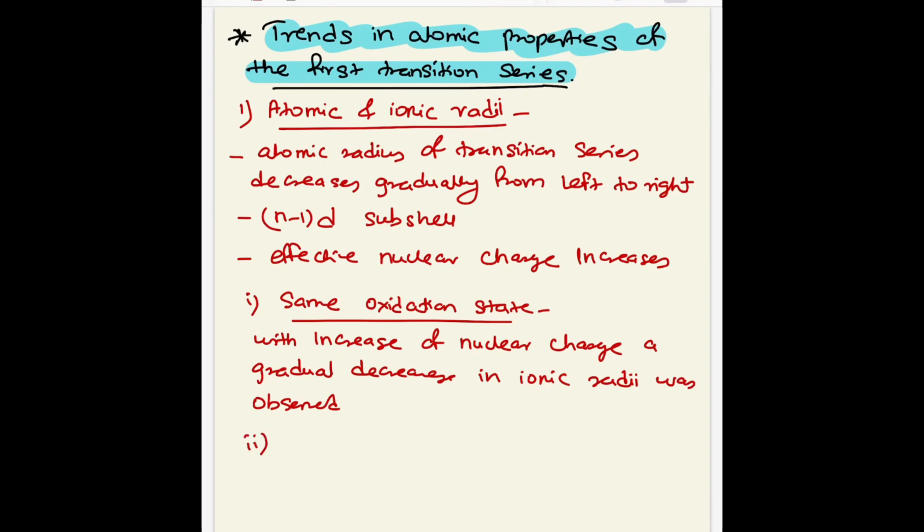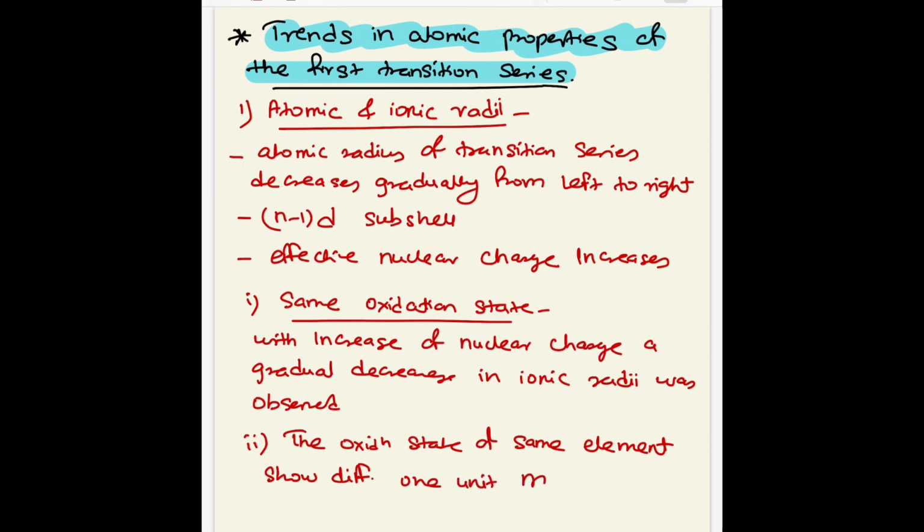The second point is the oxidation states of the same element, which show a difference of 1 unit, such as M plus 2, M plus 3, M plus 4, and so on.